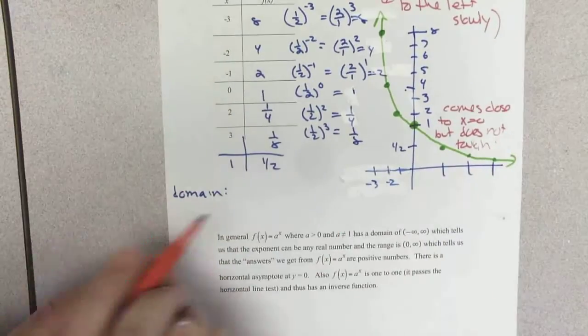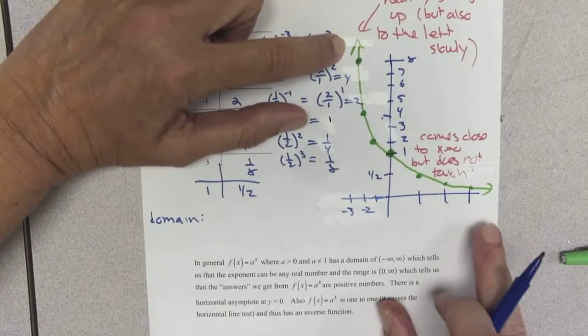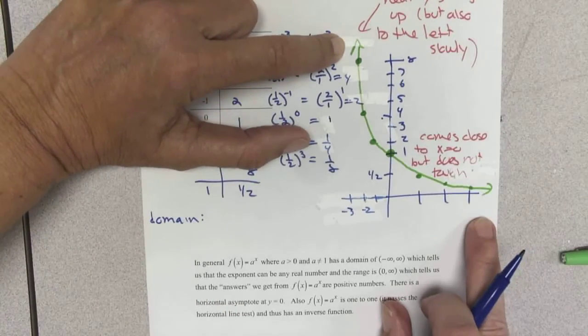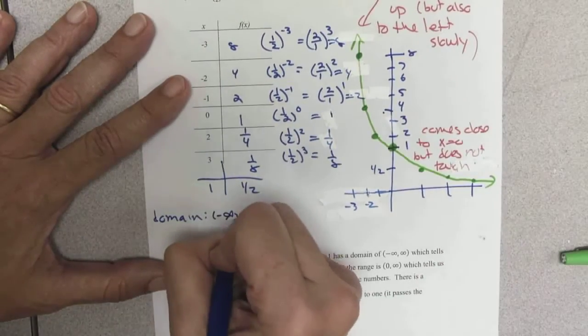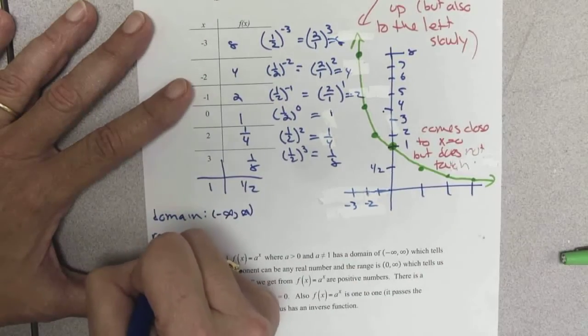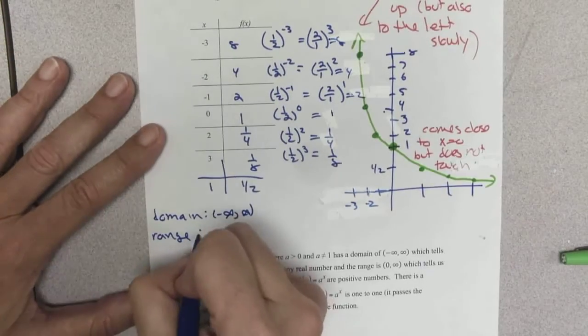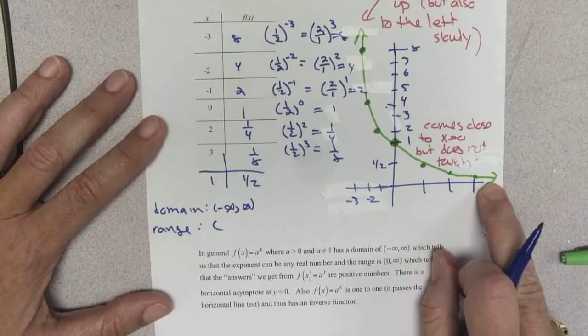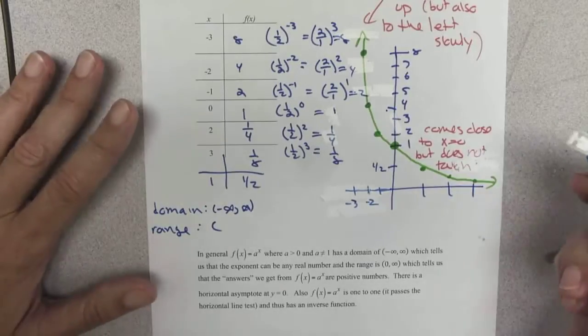So my domain, again, domain is left to right. It's going ever so slowly to the left forever, to the right forever, so my domain is still negative infinity to infinity. My range, low to high, low is still over here, almost y equals 0.